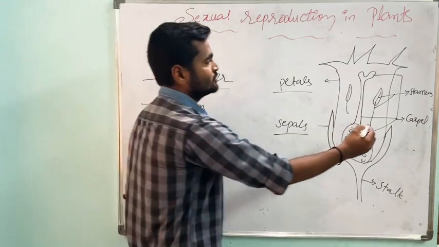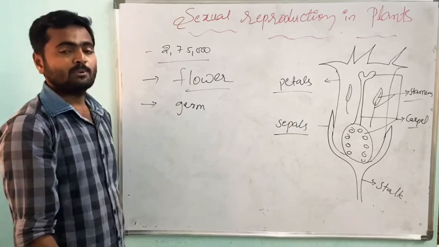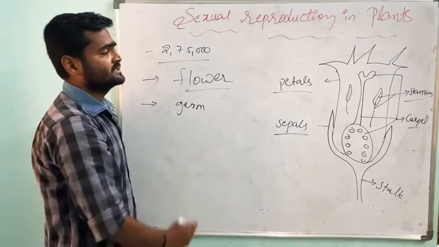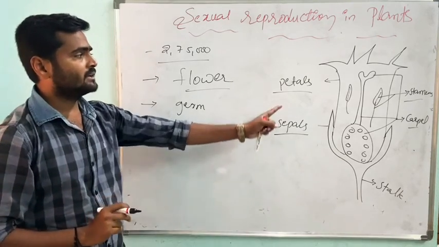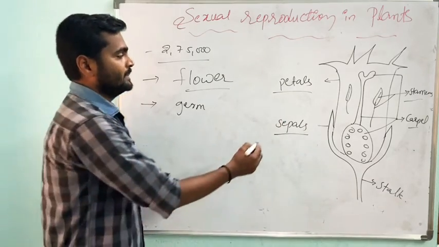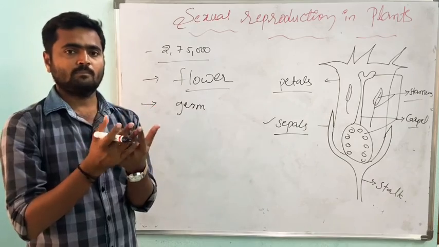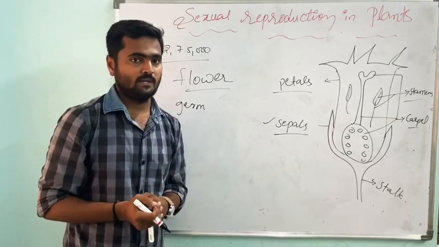These two, stamens and carpel, are the essential reproductive parts of a flower, because they produce germ cells. Then what are the uses of sepals and petals? Sepals protect the flower and give it a perfect shape by holding it, and petals attract insects for cross pollination.